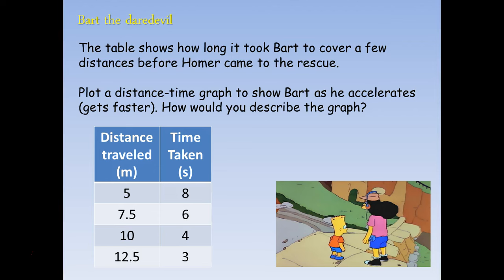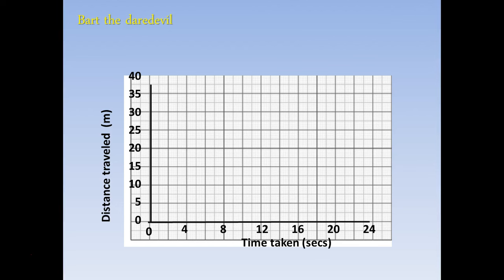The next one, sometimes we get a table that shows us the distance traveled and the time taken, and we have to make the graph from it. So we have to figure out this distance time graph, and we could figure out his velocity, his speed, for Bart. So here's his distance traveled and his time taken. Here's the graph that you need, and draw it using the time.